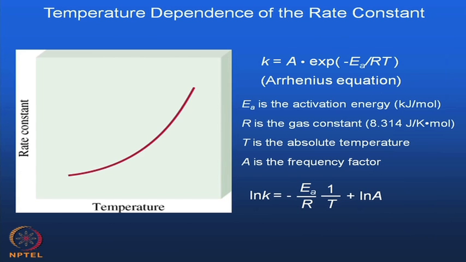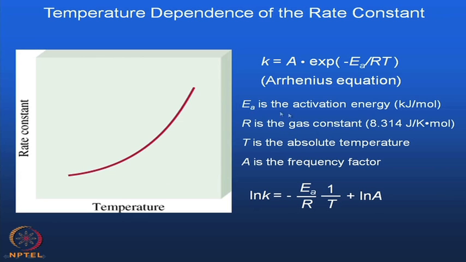In this case it is plotted as rate constant versus temperature. You see, it is an exponential rise with temperature, and it always happens; it never happens that you increase the temperature and the rate constant decreases.